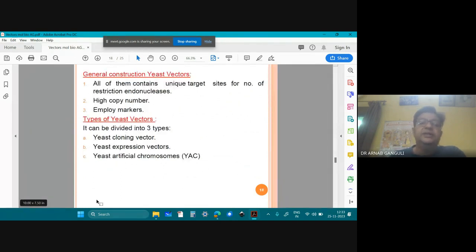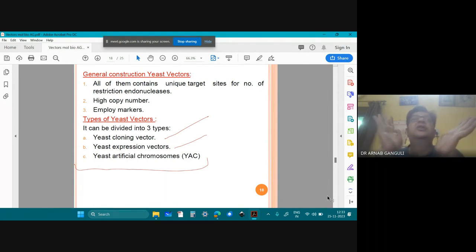They are also known as yeast artificial chromosomes. Then there are also yeast expression vectors and yeast cloning vectors. Here you can clone inserts which are huge, several thousands of kbs long. It is like an artificial chromosome, yeast artificial chromosomes.